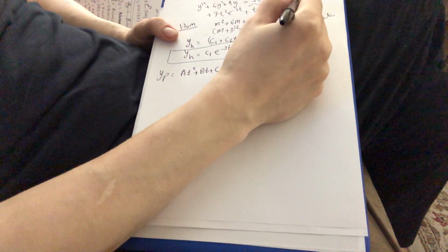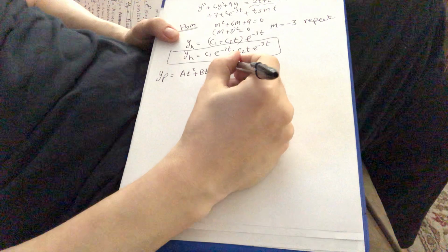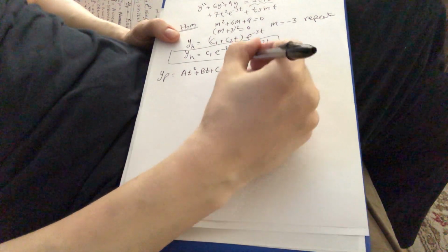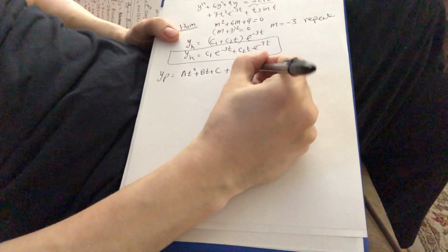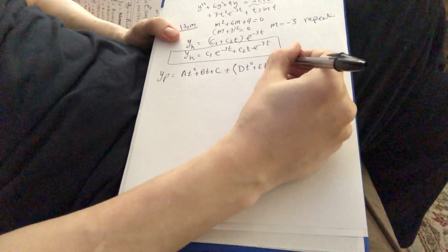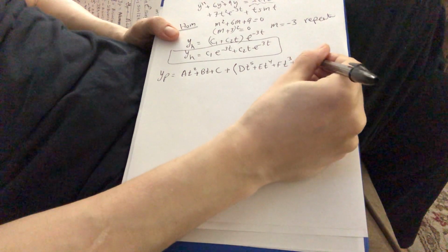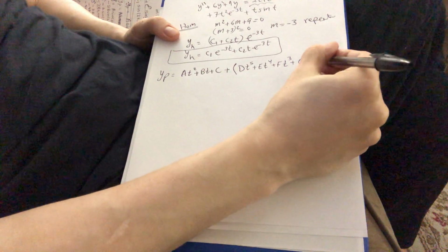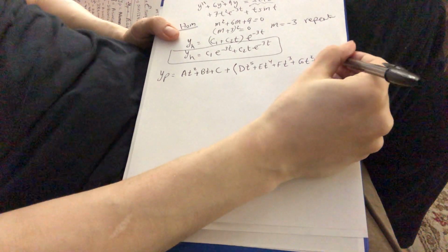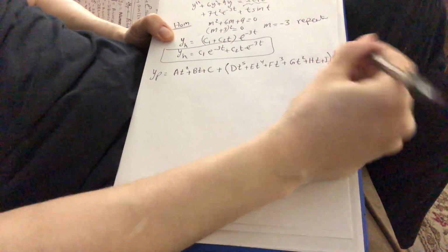But because it's polynomial to the degree 5, you have to go from degree 5 to nothing. So d t to the 5, e t to the 4, f t to the 3, g t squared, h t and I, all of this times e to the t.